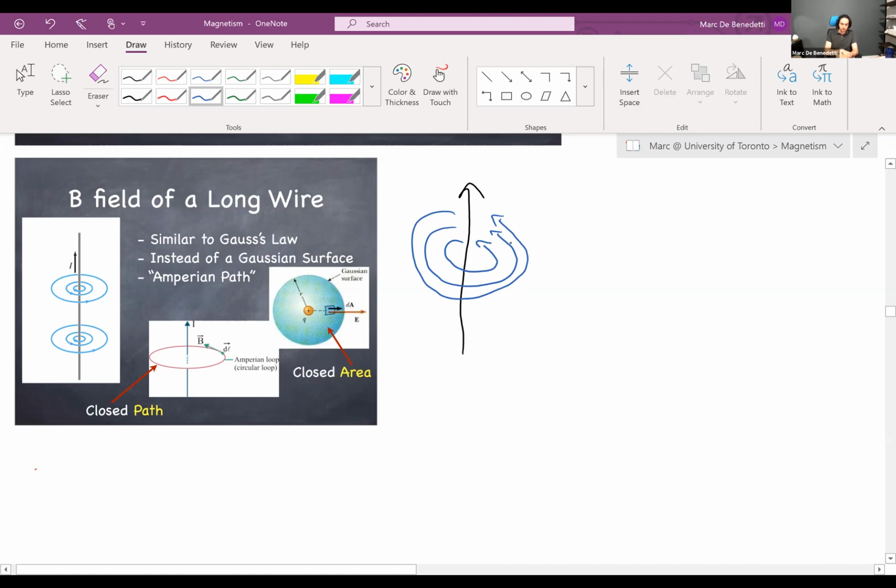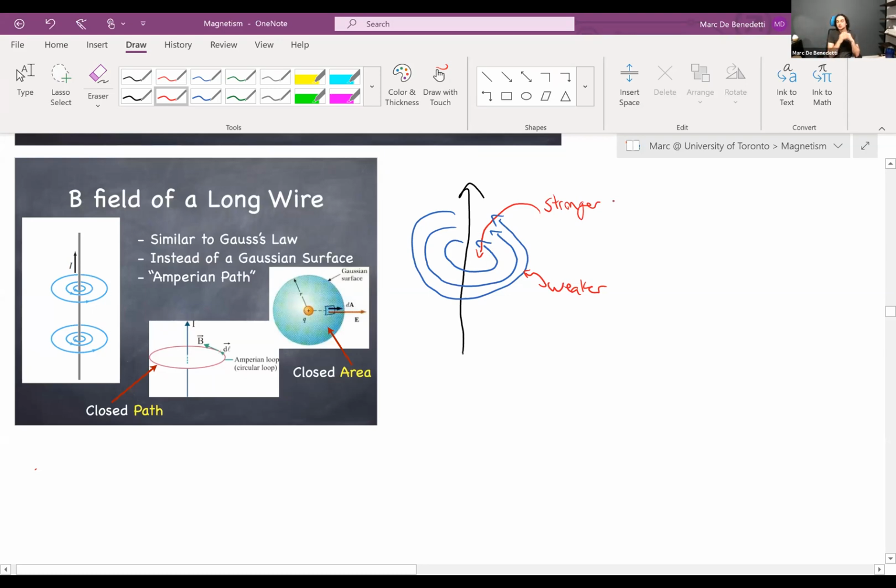It'll look circular, in concentric circles. And I think it's obvious that as you get farther away from the wire, it gets weaker. So as you get further away, it's understandable that it would presumably get weaker, and as you get closer, it would become stronger. That's a bit of an assumption.